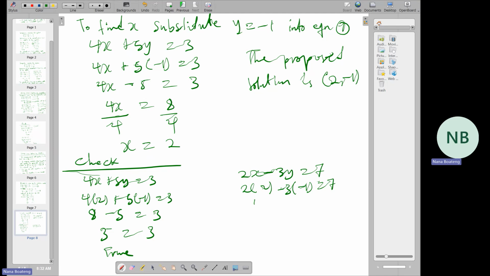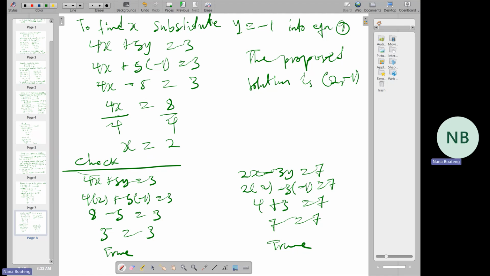So 2 times 2 is 4, and 4 minus 3 times negative 1 is positive 3, so 4 plus 3 is equal to 7. So 7 is equal to 7. This is also true, so the solution is correct using the addition method.